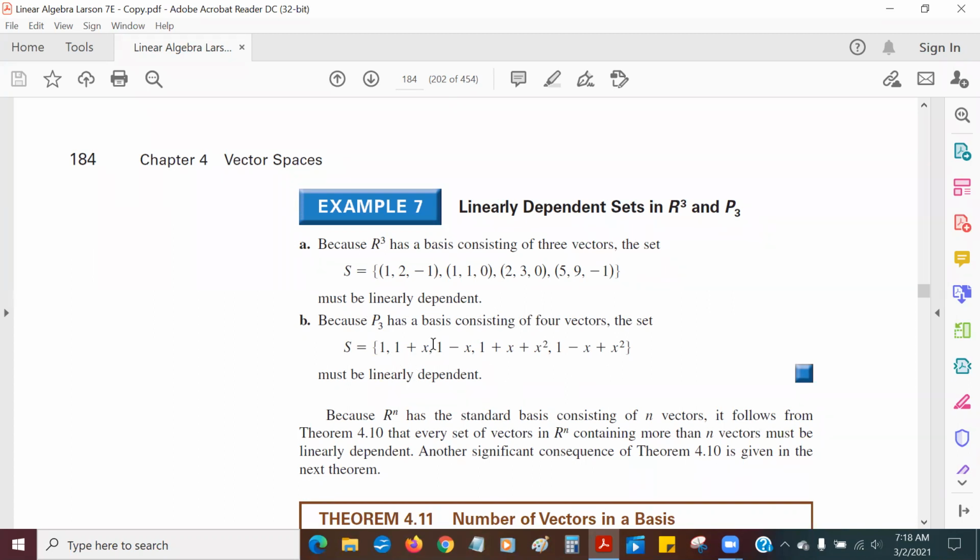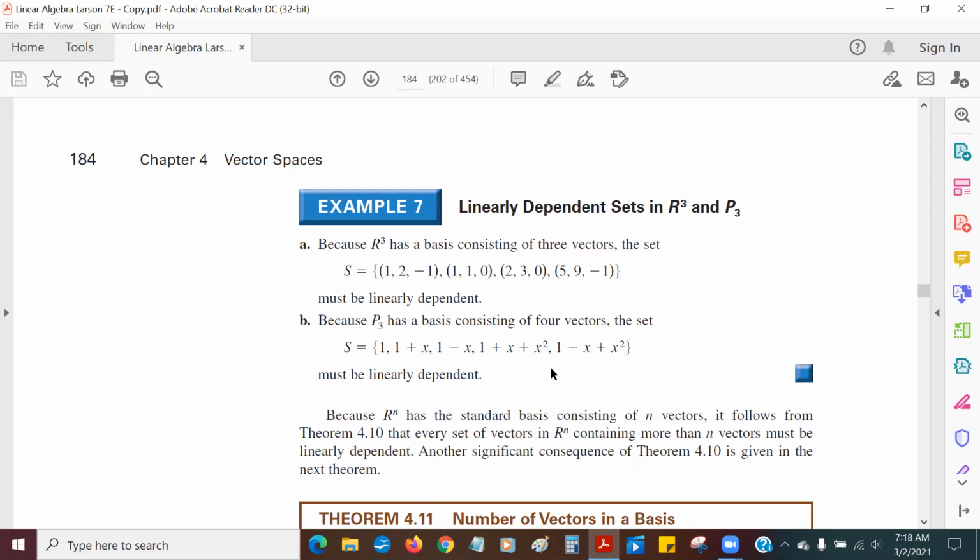So this is 1, 2, 3, 4, 5. This is already 5 vectors. Since it's 5 vectors, and we know there's a basis of 4 vectors, without going through any work, no matrices, nothing, we just automatically know that it must be linearly dependent.